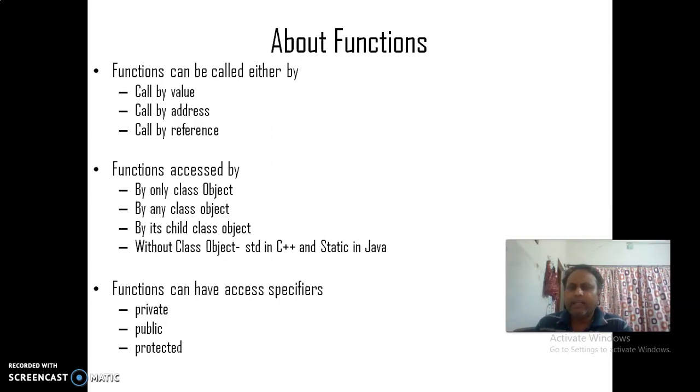By its child class object, so there is a parent class and there is a child class. Parent class methods can be accessed inside the child class without a class object.